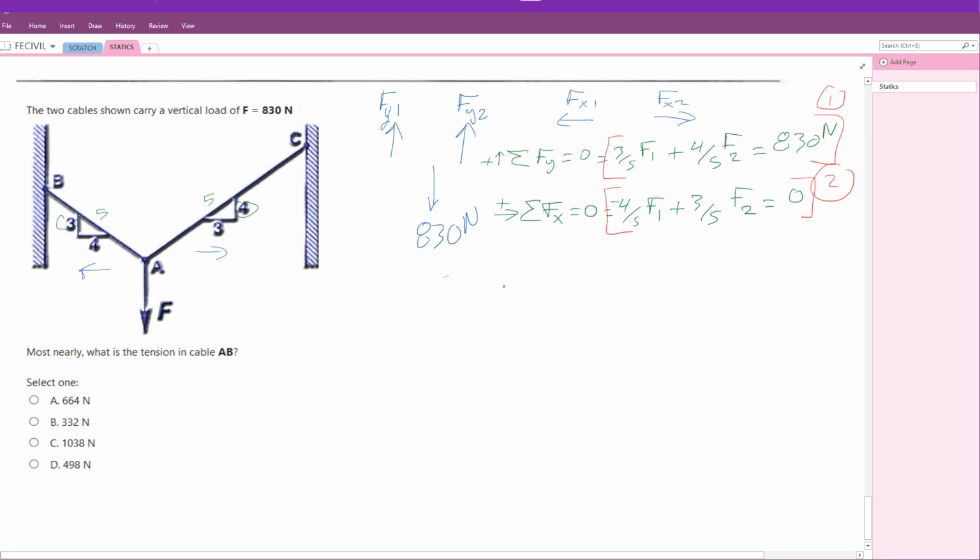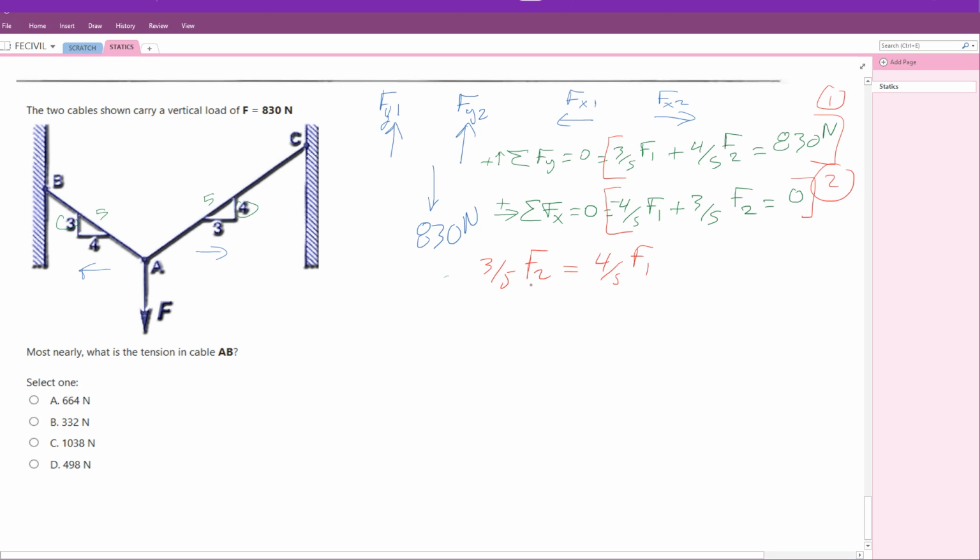Since I call this one F1, I'm going to solve here for F2 and then plug it into the other. So we have 3 over 5 F2. I'm moving this one to this side, so since it's negative it becomes positive, equal to 4 over 5 F1.